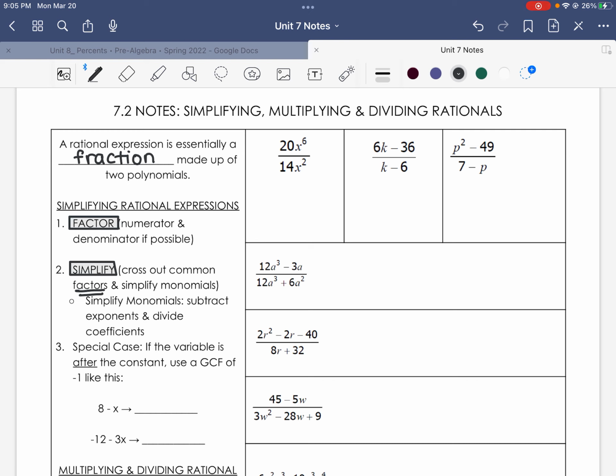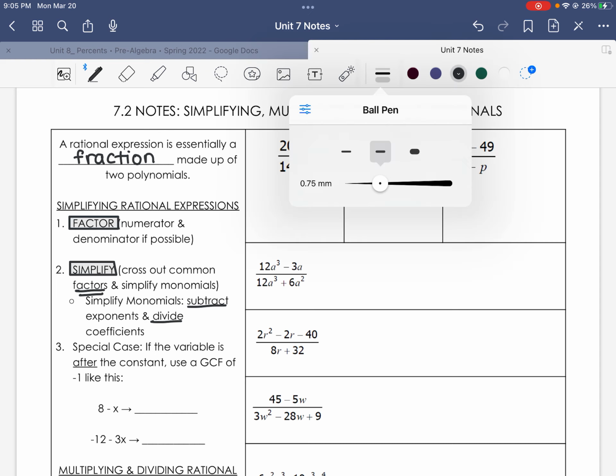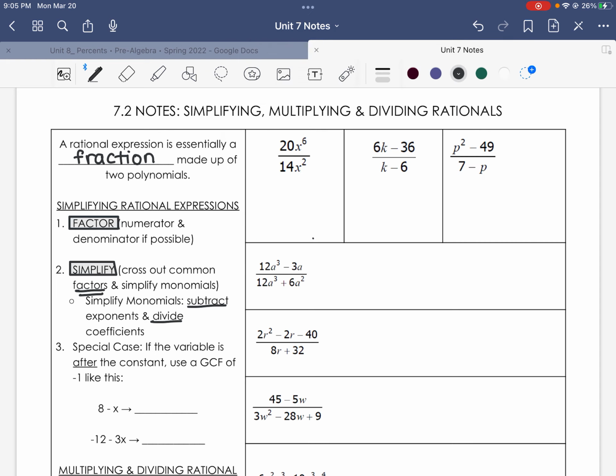There are going to be some monomials in which we need to subtract exponents and divide the coefficients. For example, the first problem. If I split this problem in half and we look at the left side and the right side, 20 and 14. 20 is 2 times 10, and 14 is 2 times 7. 2 is a factor of both of them that gets to cross out, so I have 10 over 7 left.